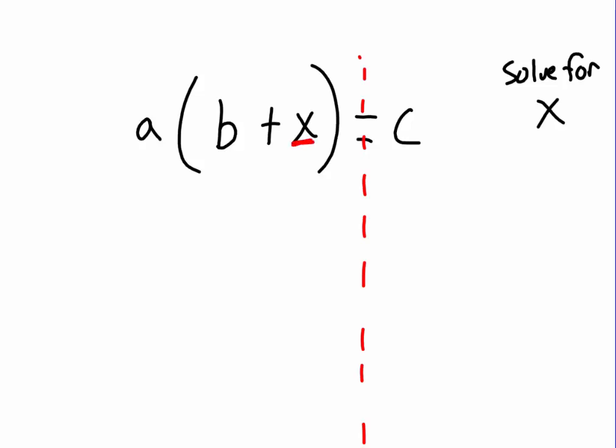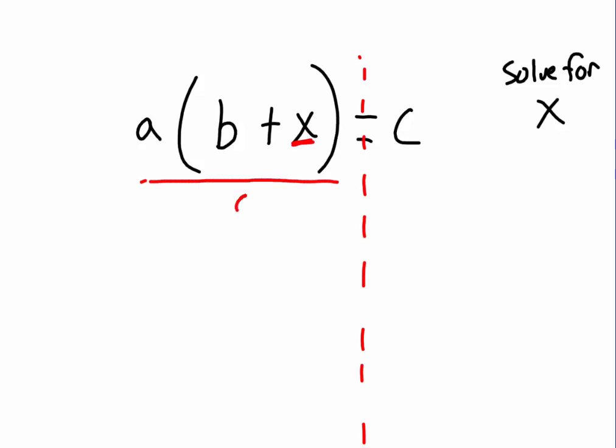So we have two choices. We can either distribute this A, which is something that a lot of you have been doing, which is just fine. And then we could take care of it from there. Or we could say, oh, right now we have A times this stuff inside the parentheses. So to get rid of A times something, well, we have to divide by A. So that's what I'm going to do.